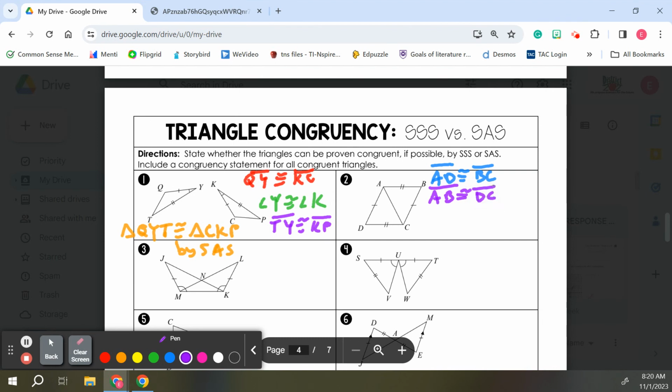Does anybody else see what else could potentially be congruent here? Go ahead. No, do we have any evidence of that? I'm sorry? Is it isosceles? Okay, what do you think? AC and CA, why?